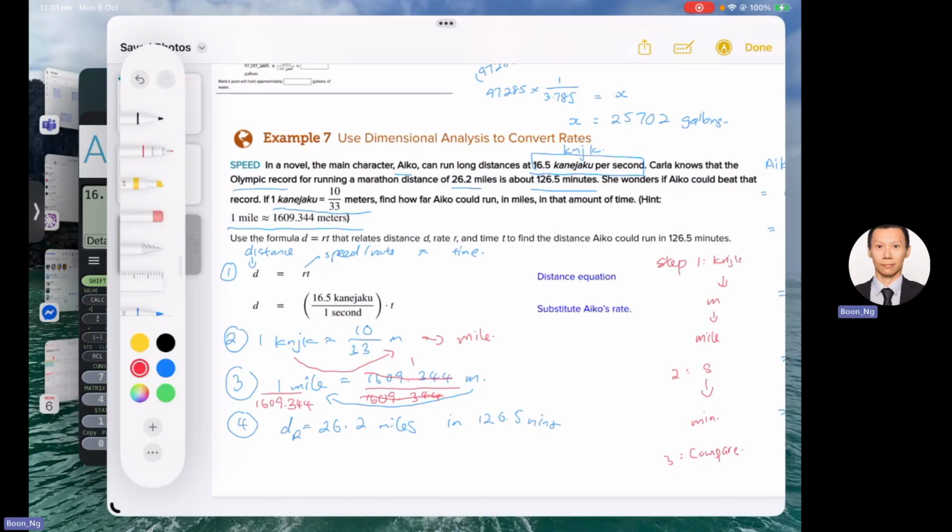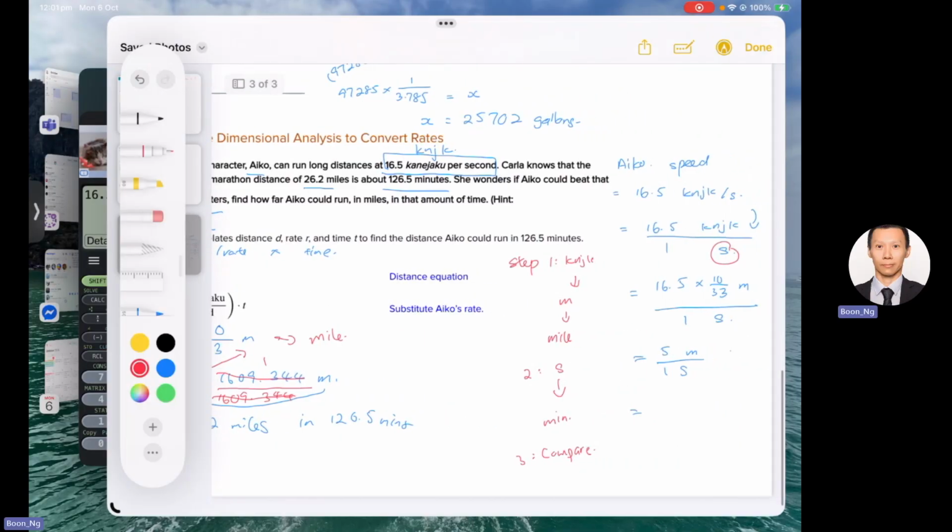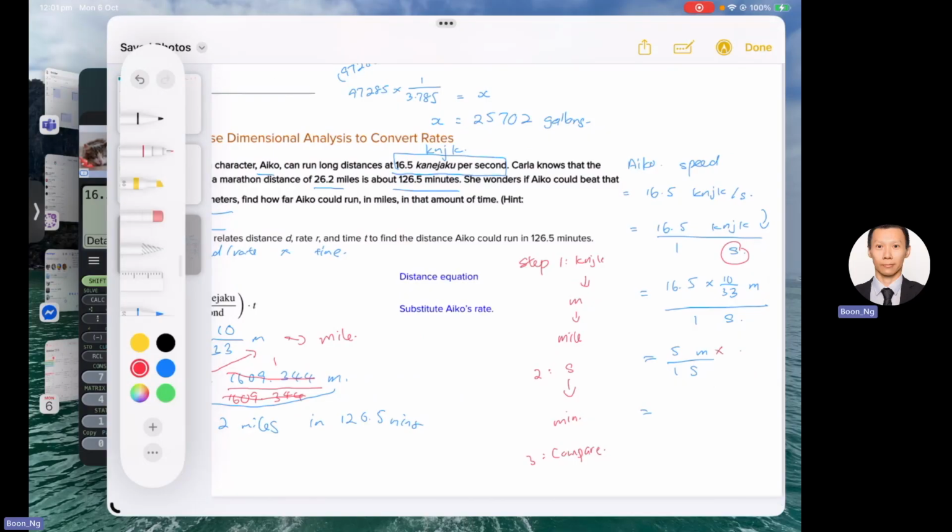So 1 meter is equal to this many miles. What this means is, let me rewrite a little bit. This is equal to 5 meters per 1 second. And this is in meters, so we need to convert into miles. So we multiply by 1 over 1609.344.